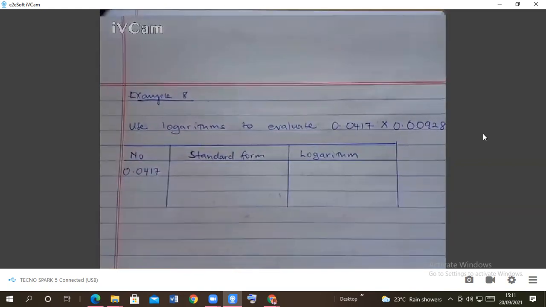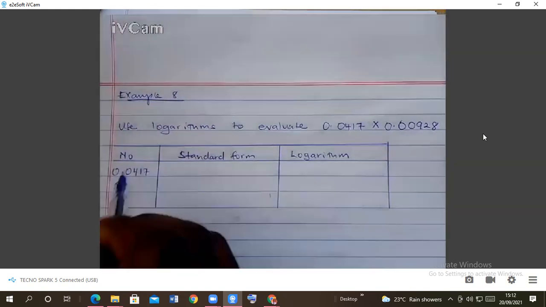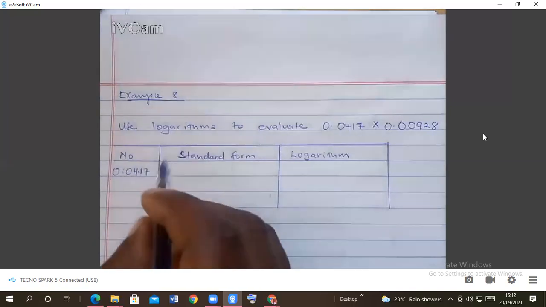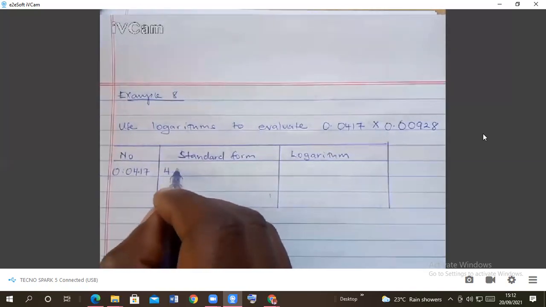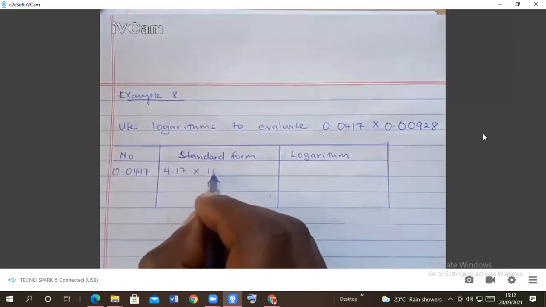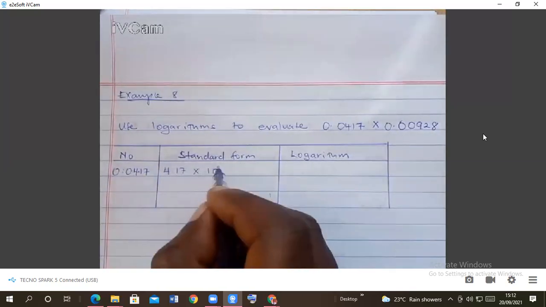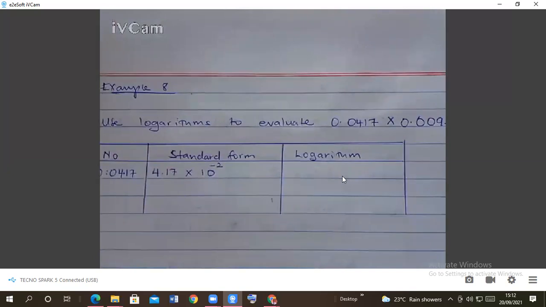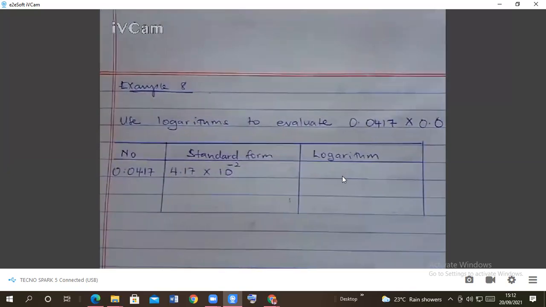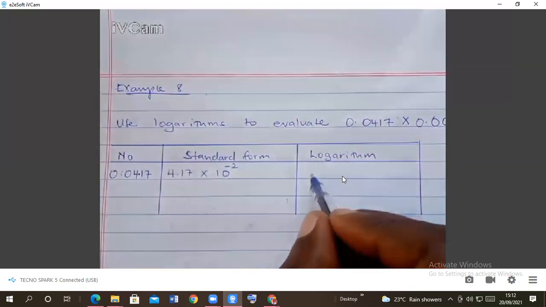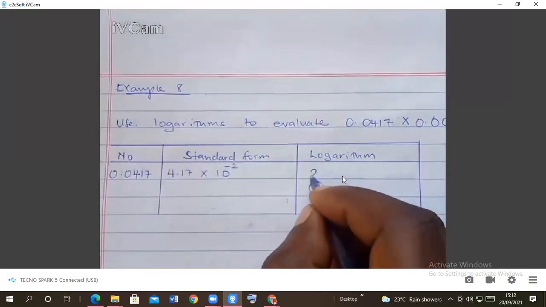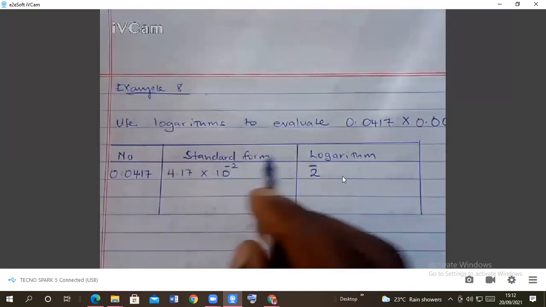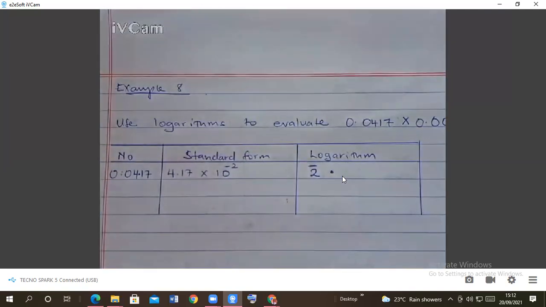So can we standardize that, members? This is 1, 2 point. So we have 4.17 times 10 to the power negative 2. This time it's going to be a negative because you have moved to the right. So we shall come here and write 2 bar, because this 2 is negative.